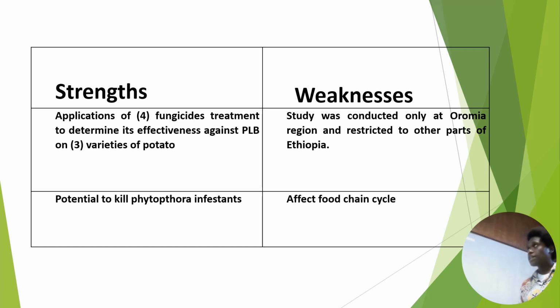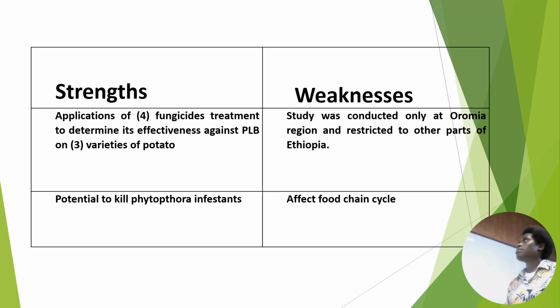In the context of the study, fungicides have shown promise in controlling potato late blight, which is a significant pathogen affecting potato crops. By applying fungicides at the right time and in the appropriate doses, farmers can protect their potato plants from potato late blight infections, thereby ensuring higher yields and better crop quality.